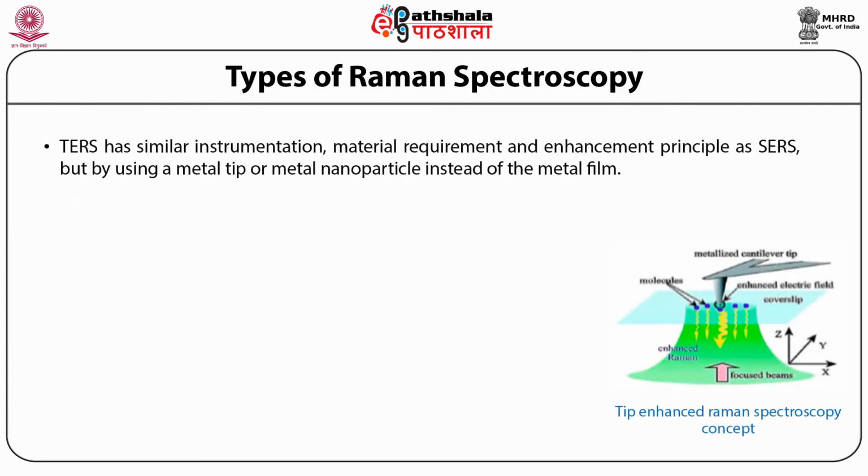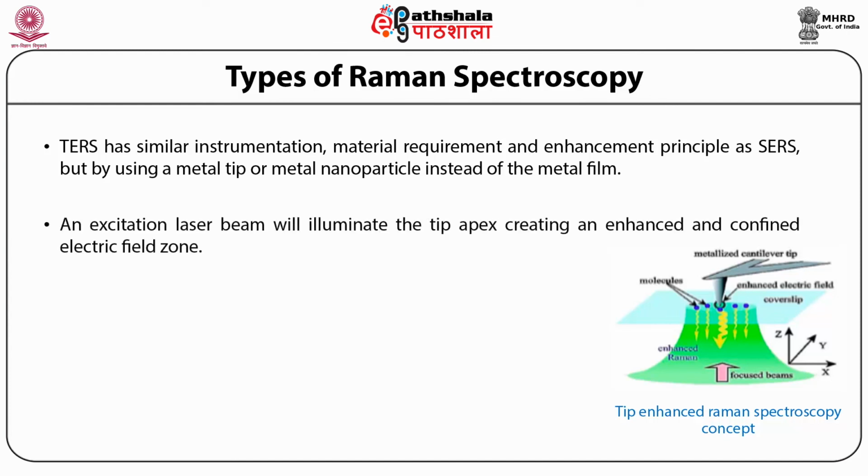TERS has similar instrumentation, material requirements, and enhancement principle as SERS, but uses a metal tip or metal nanoparticle instead of the metal film. The TERS technique involves bringing a metal tip or a metal nanoparticle very close to the sample, that is, at a nanometer distance.